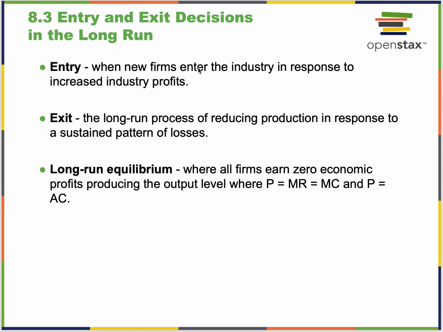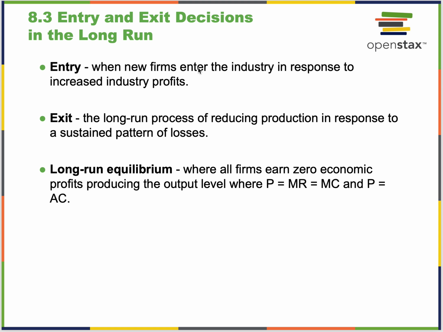So long-run equilibrium is where all firms earn 0 economic profits, producing the output level where price equals marginal revenue equals marginal cost, and price equals average cost. When price equals average cost, that's the break-even point.